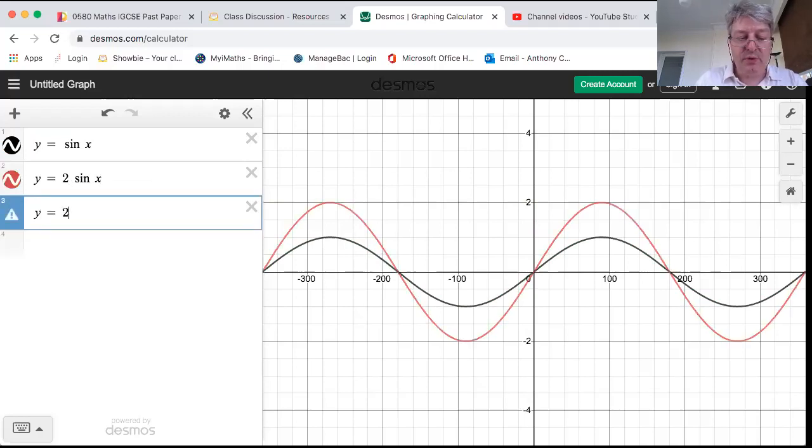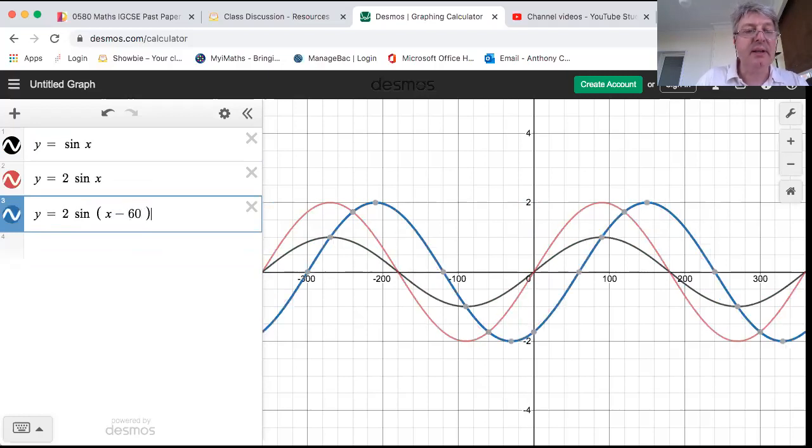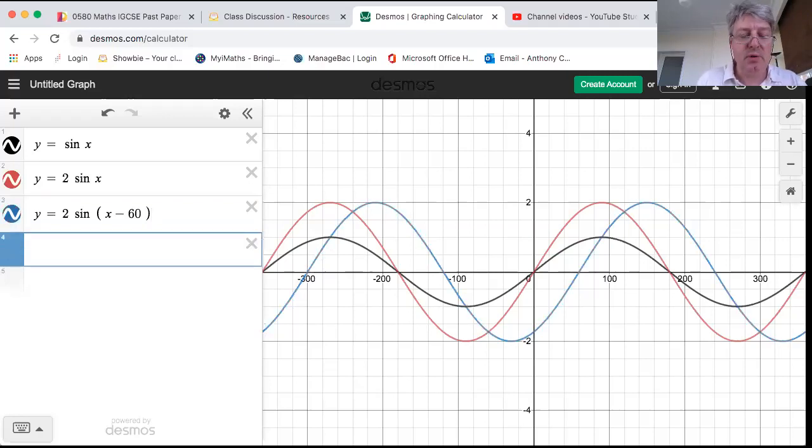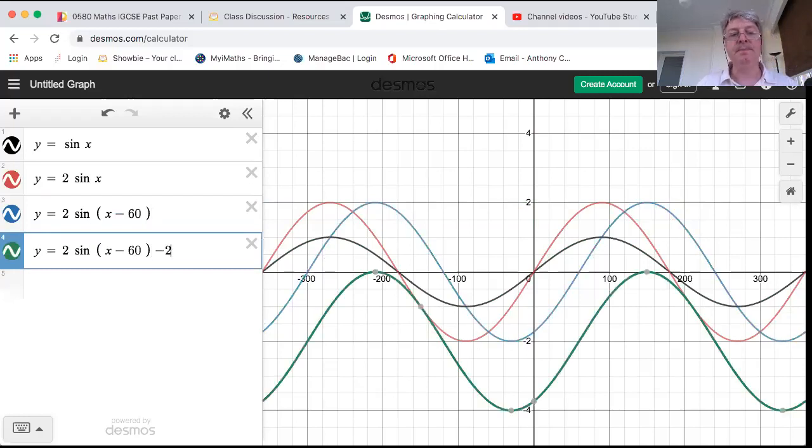Then we want to do a translation, let's do 60 degrees in the x-axis, positive x, it's going to the right, so the red curve has now moved to make the blue curve. And finally, if we wanted to move that curve down, all we have to do is simply say what we want to take away. So if I want to move it down 2 places, I just take away 2.